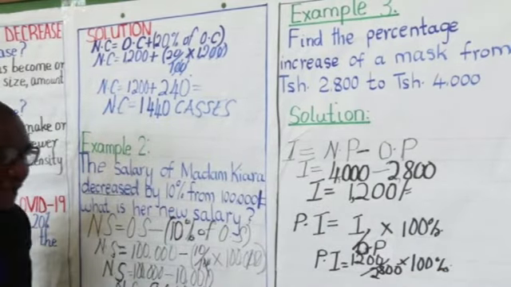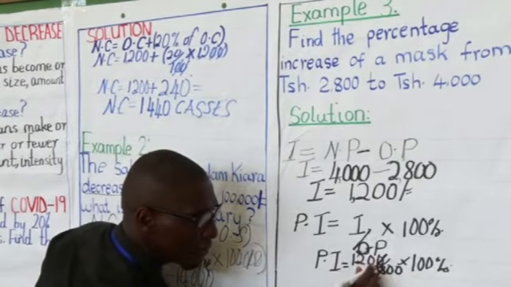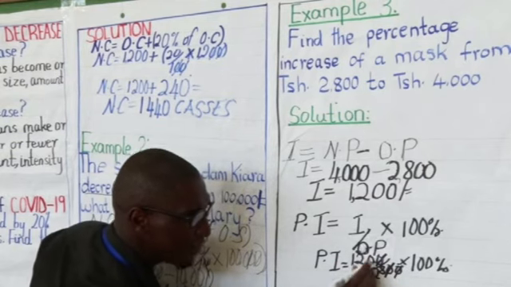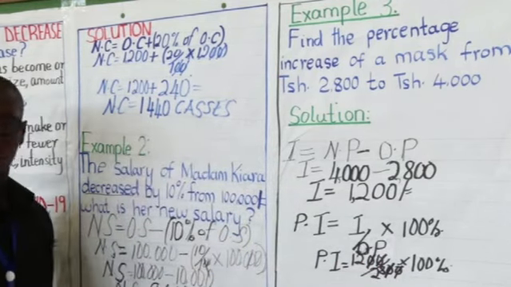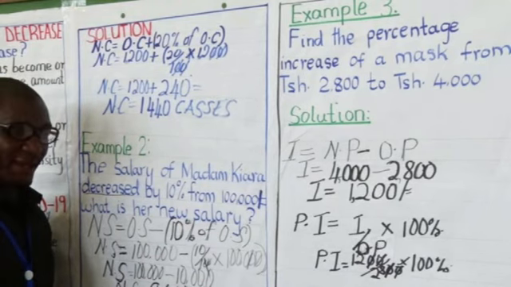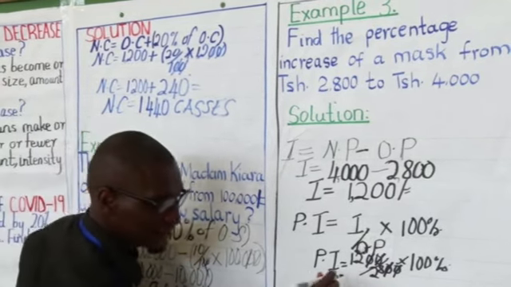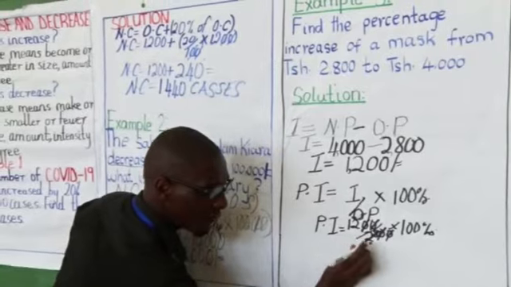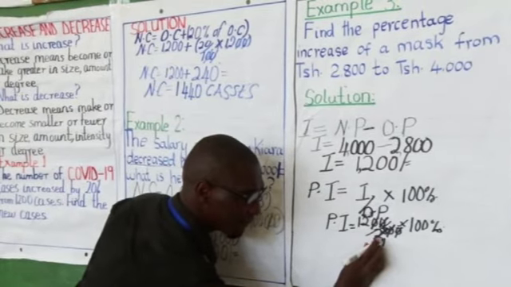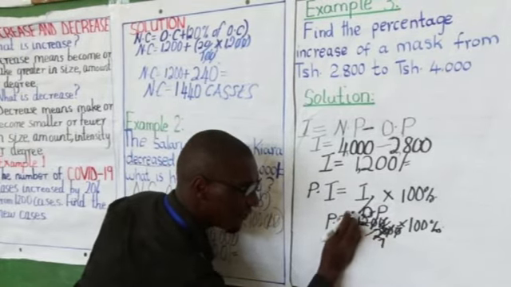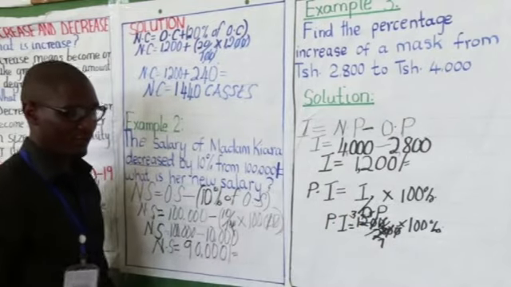So we can simplify. Cancel the zeros. We can also simplify by any common divisor. You can say by 4: 7, and 3.